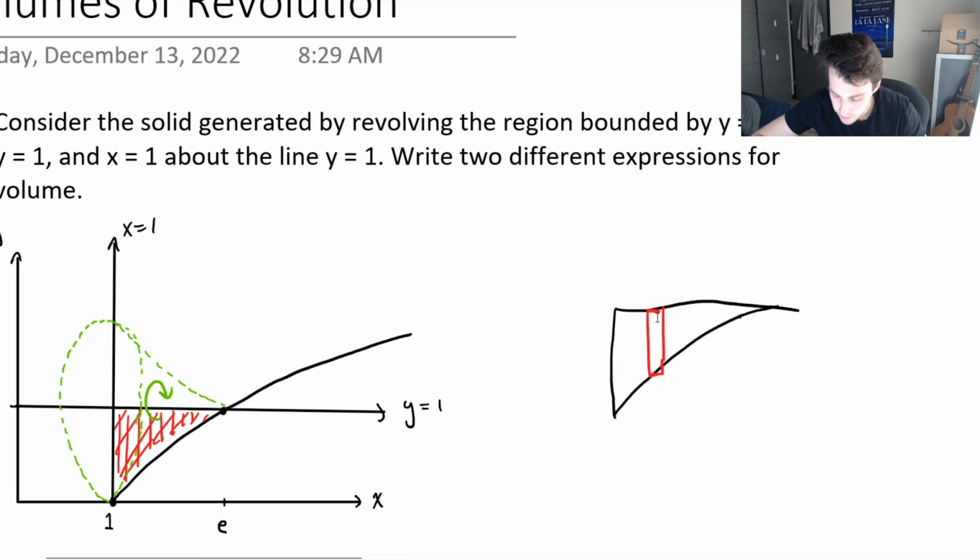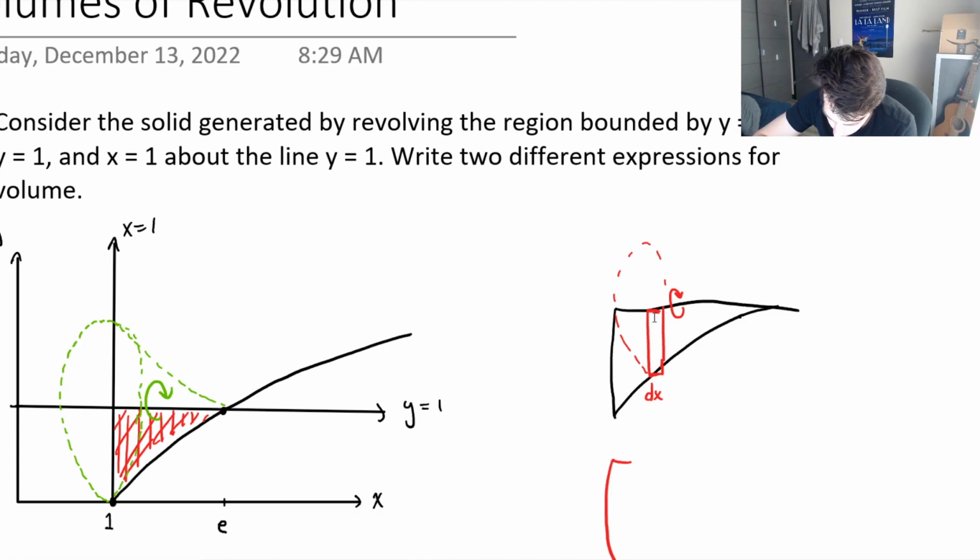So this is going to have a thickness of dx, which is just a very, very small change in x. That is the width of our rectangle there. Now, if we were to rotate this about this line, can you see how it's going to make just a disc? It's going to make a disc that looks somewhat like this.